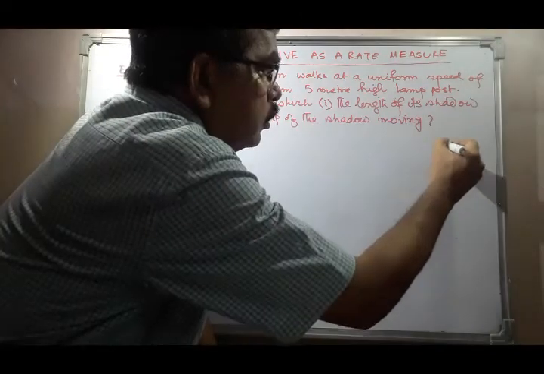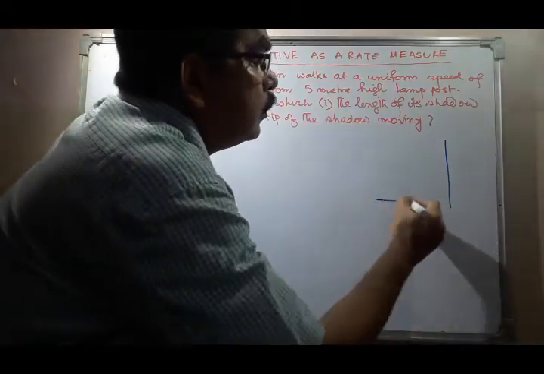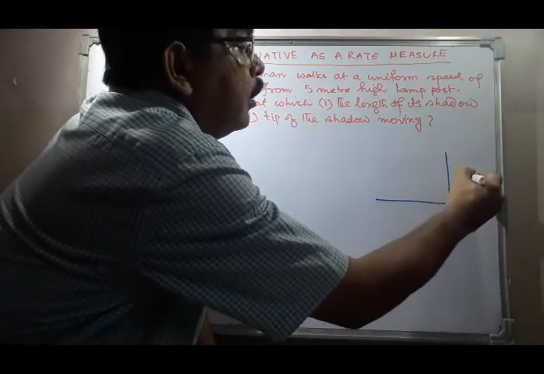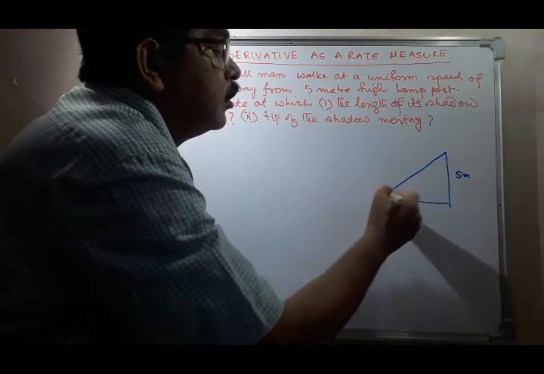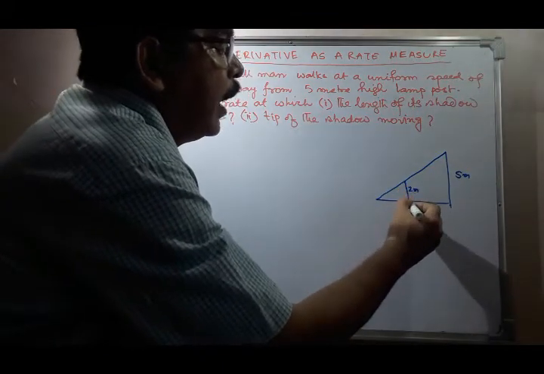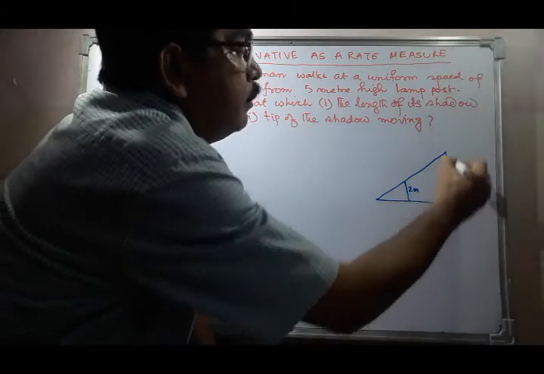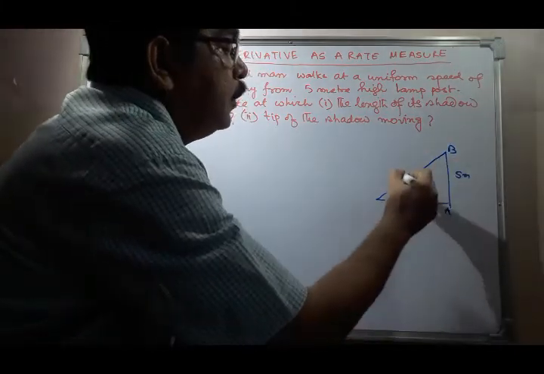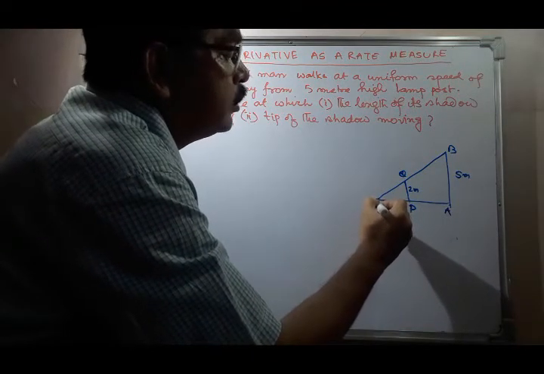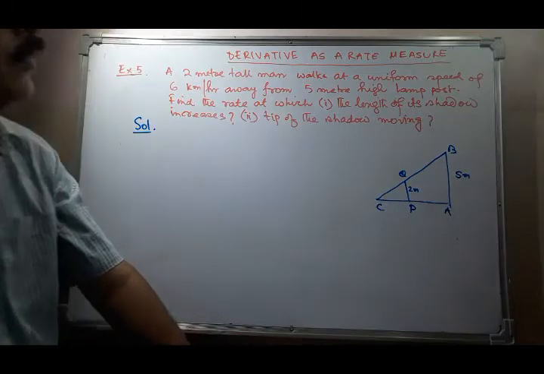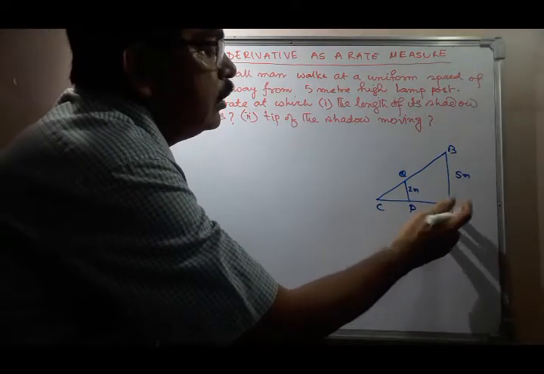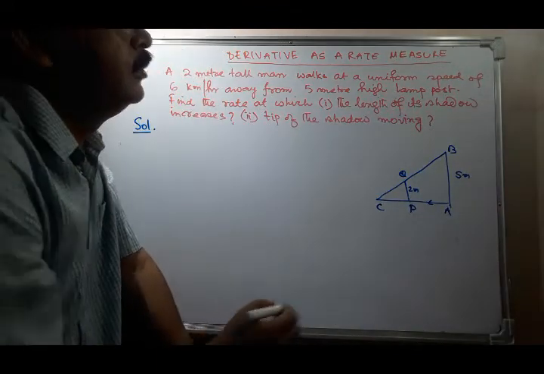So first draw a diagram. This is the 5-meter high lamppost. This is the 2-meter tall man. So AB is the lamppost, PQ is the man, and say the shadow tip is a point C. So clearly PC is the shadow, and AP is moving at a rate.